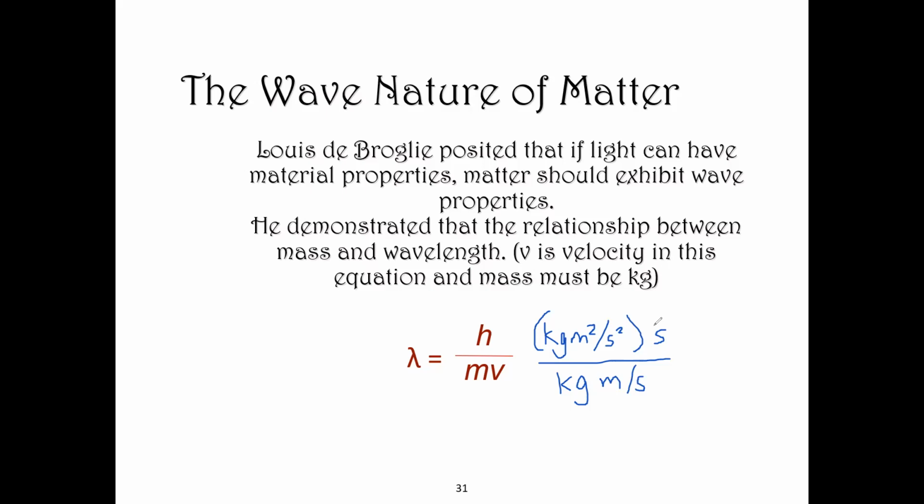So seconds on top is going to cancel one of the seconds in that, and then the seconds on the bottom will cancel the other. So we'll completely remove seconds here. Kilograms is going to cancel. And with the meter, we've got 2 on top, 1 on the bottom, so the meter on the bottom is going to cancel one of those meters on top. And that's why the unit we arrive at for the wavelength is just going to be meter for this equation. So if we know the mass and the velocity of any object, we could determine what the wavelength of that object is going to be.